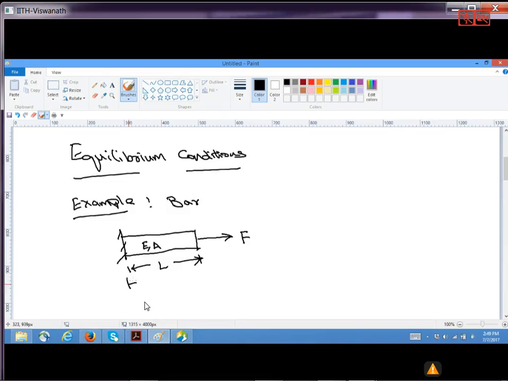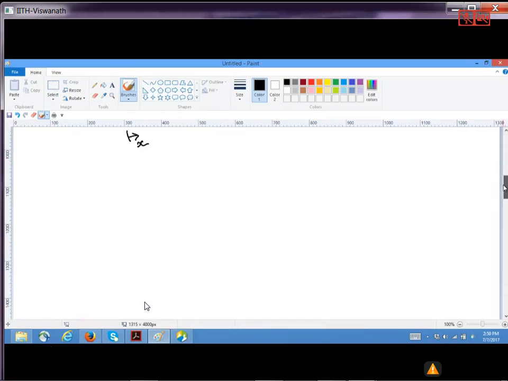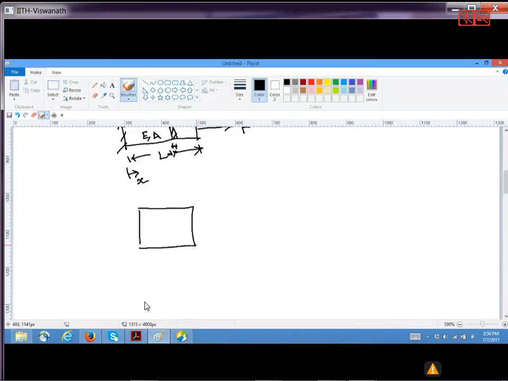and let's start measuring my distance from this point. So let me take a small differential element here and try to enlarge it. This small element has length dx, let me enlarge it and show it here. So this is dx.